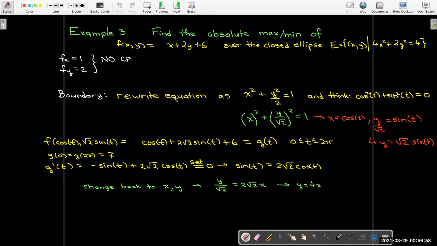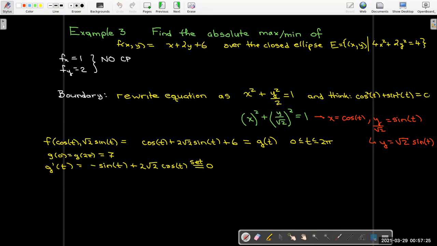Then I can take this relationship and substitute it back into the equation of the ellipse. Let me make my correction here real quick. I apologize. I proofread these things, but I always seem to get into trouble.